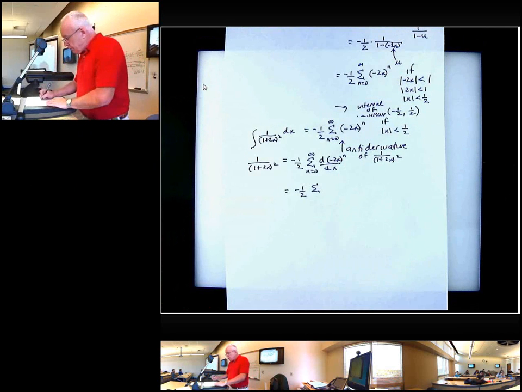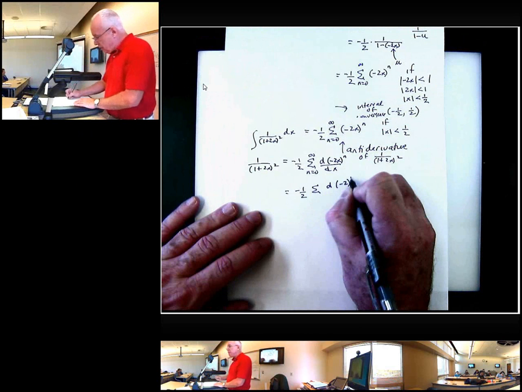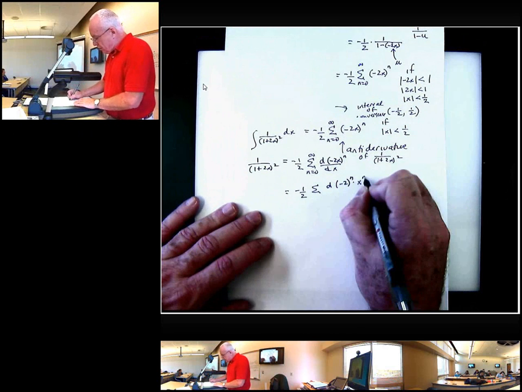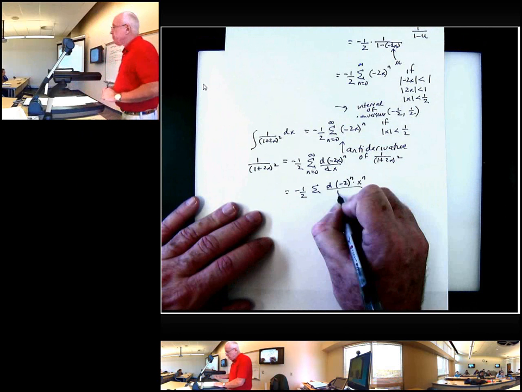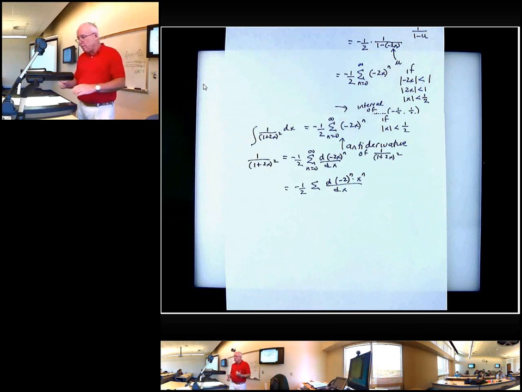So this is going to be the derivative of minus 2 to the n power times x to the n power dx. And then we just use our basic power rule for derivatives, bring down the exponent, and subtract 1 from it.